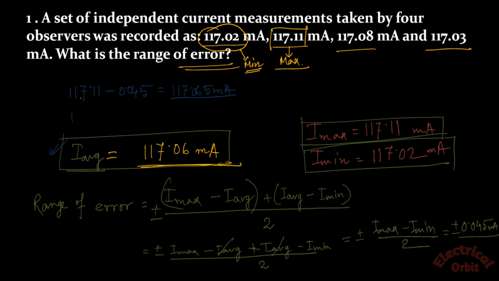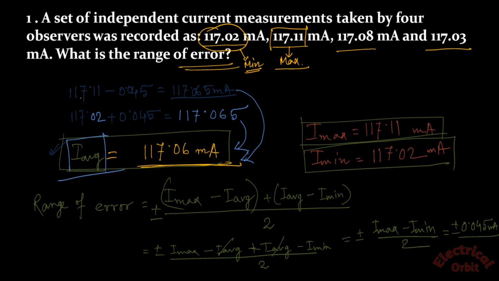Similarly, if you add the range of error to I min, you will find it is again close to the average value. So both values that we get by subtracting from I max and adding to I min are similar to the average value of these 4 readings.